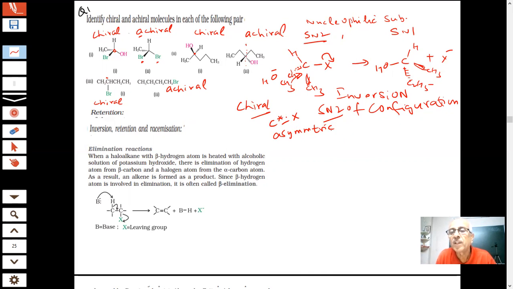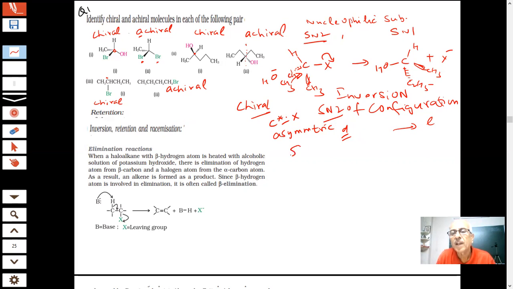If it is D, then the product will be L. Dextro to laevo, plus will become minus. This will be the result in the case of a carbon which is asymmetric and undergoing SN2 reaction. Yes or no?